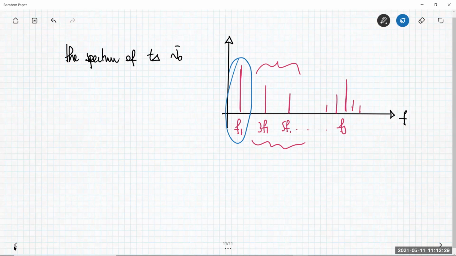Now you need a better filtering action in order to eliminate harmonics that are much closer to F1 than, for example, Fswitch, especially if you have MF much larger than 1, so Fs much larger than F1.